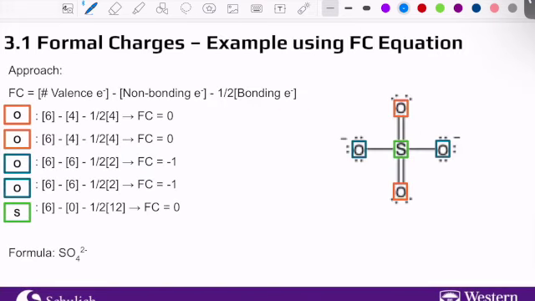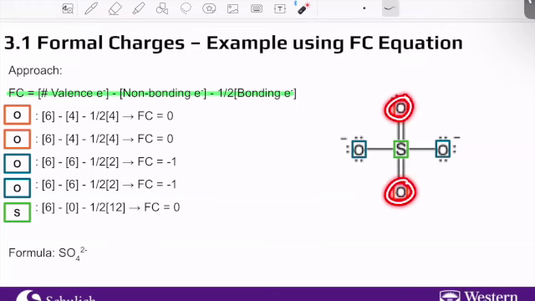So really understanding how formal charges work, I think, is best illustrated through a few examples. So I've prepared a few examples to show using the equation that I have listed here, as well as the shortcut method. In terms of using this equation, we're going to first calculate the charge associated with the two oxygens that I've labeled with an orange.